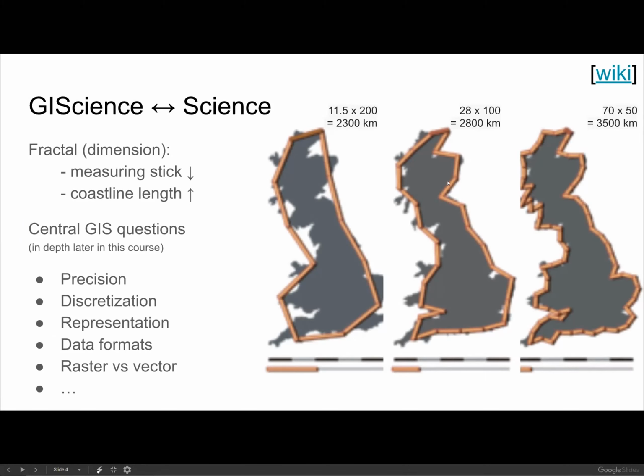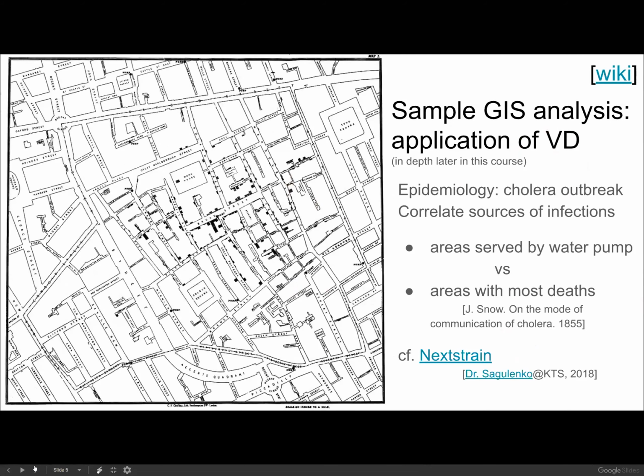Those are all central questions, and we will look at some of them in depth in this course. So that was just an example of the exchange of ideas between GIS science and regular science.